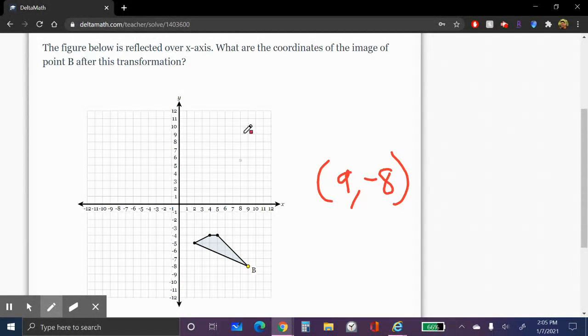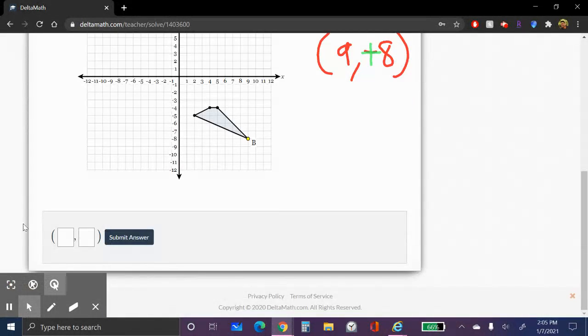So it's going to flip up here. So instead of 9, -8, it's going to become 9, +8. So that would be your answer.